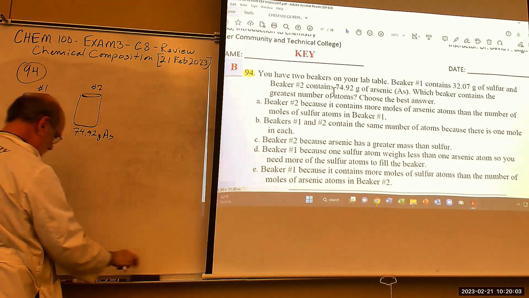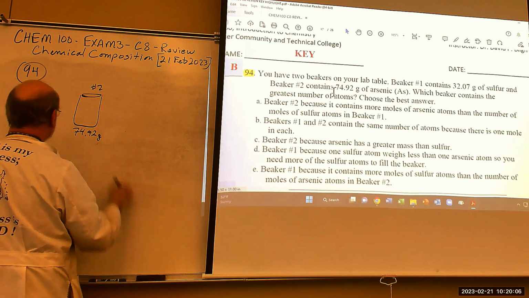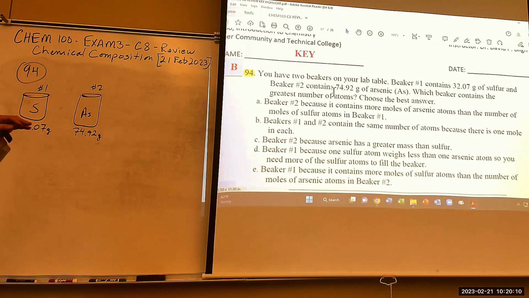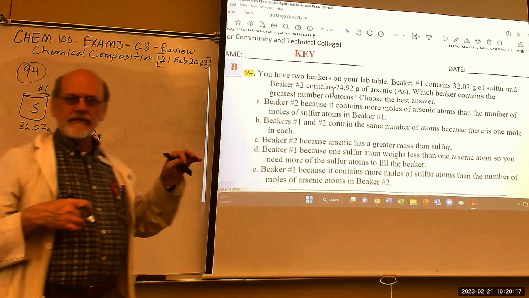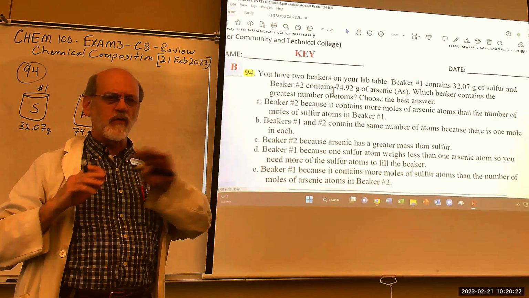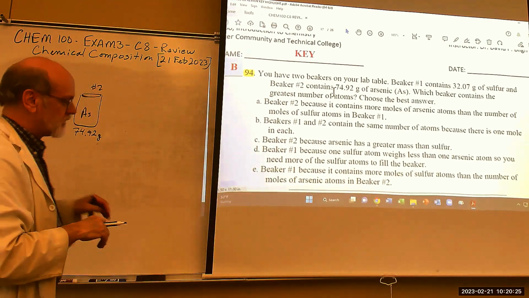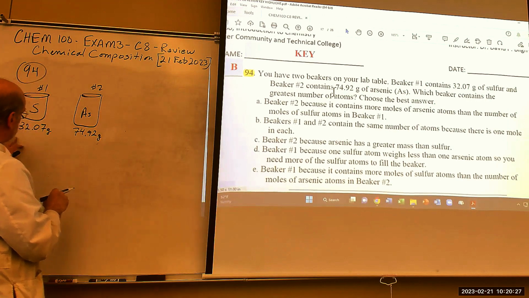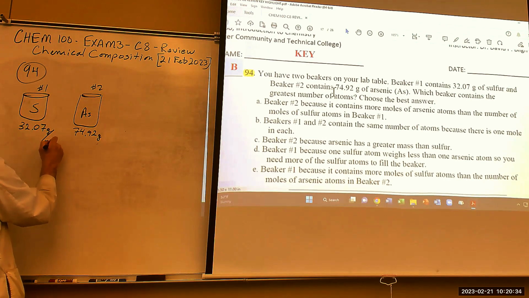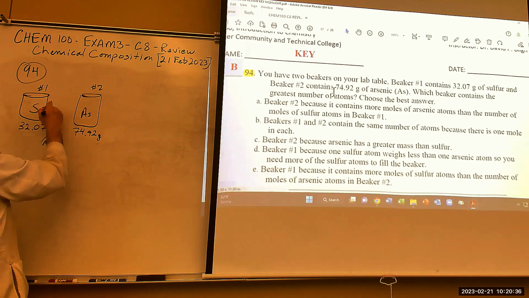Let's be consistent. Arsenic. There we go. If we want to compare the number of atoms, we need to convert these to moles. If you convert to moles, then you've got numbers, and you can ratio them. You don't have to go all the way to atoms. Sulfur is 32.07 grams per mole, so that equals 1 mole.